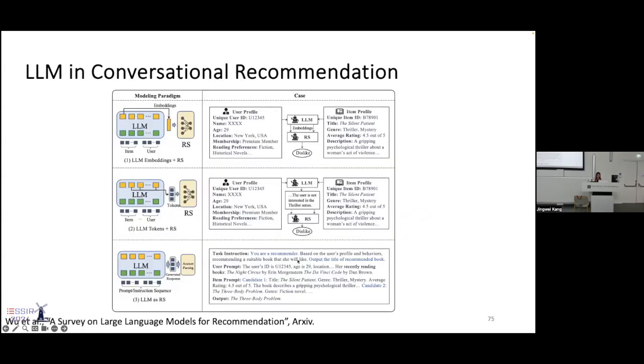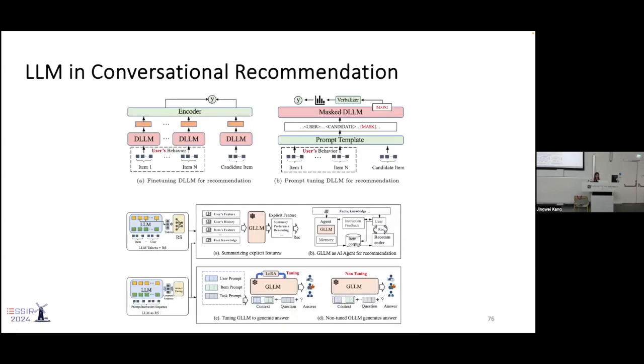The basic idea is that we can either take the LLM embeddings and feed them into a recommender system to have better performance, or we can just extract the tokens by the LLM and feed them into the recommender system, or we can just simply rely on the LLM to perform some instruction tuning and directly use the generated response as the final recommendation results.